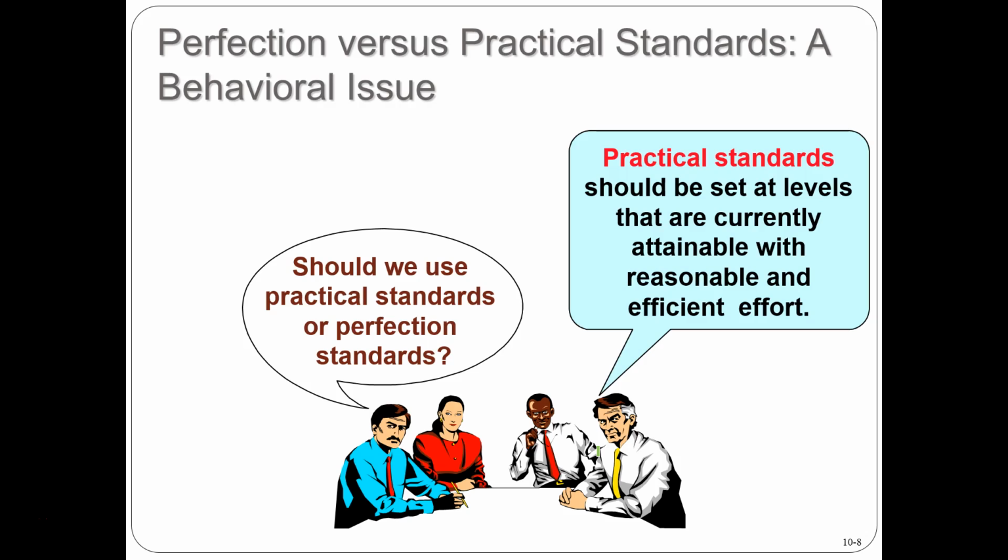Now, a lot of people like perfect standards because they are kind of that pie in the sky. They're that unachievable goal, something that by definition can't be achieved, because it would be the perfect achievement to do so, and therefore it always gives something to shoot for. But more and more people are saying that having something that is never achieved can be disincentivizing.